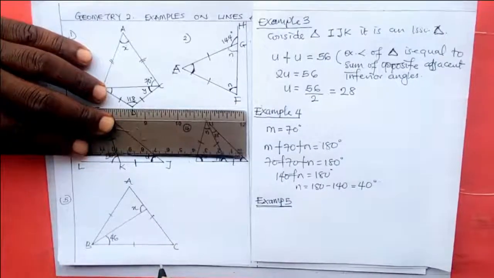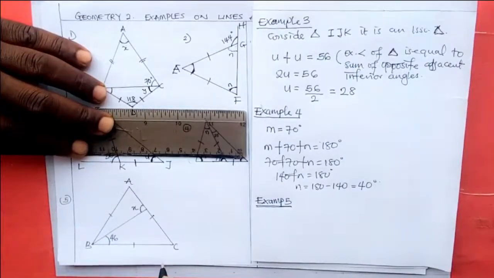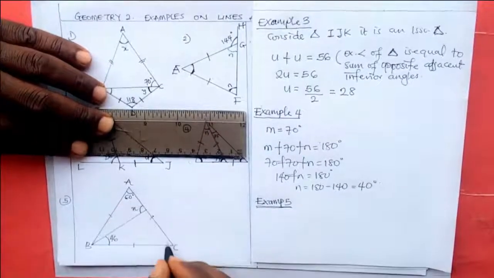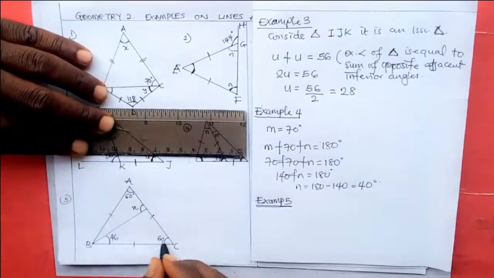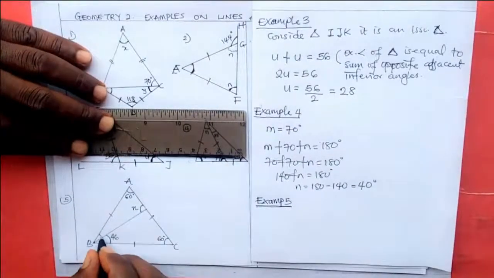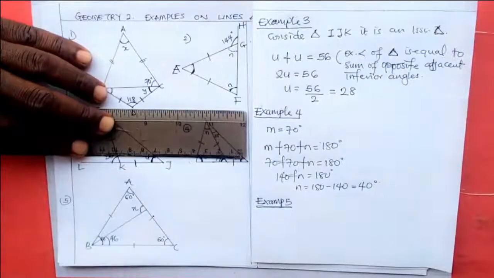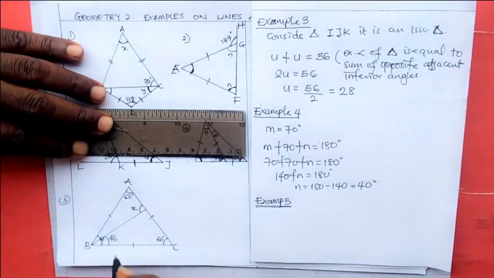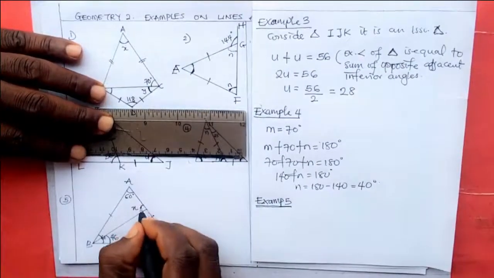It's not an isosceles triangle. For it to be an equilateral triangle, all its angles must be 60 degrees. Check the previous lesson about it. So this complete angle here is 60 degrees, so we can get this x we are asked to find.